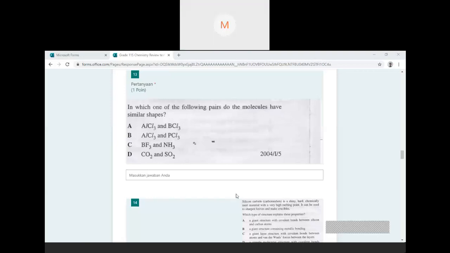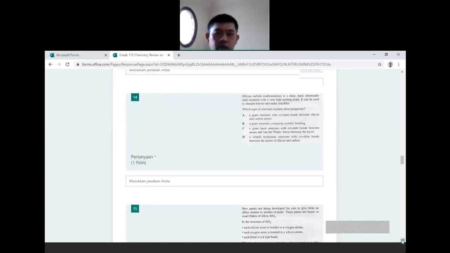Okay, now let's continue. Number 14. Silicon carbide is a shiny, hard, chemically inert material with a very high melting point. It can be used to sharpen knives and make crucibles.